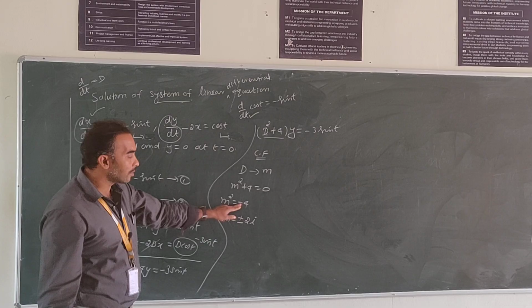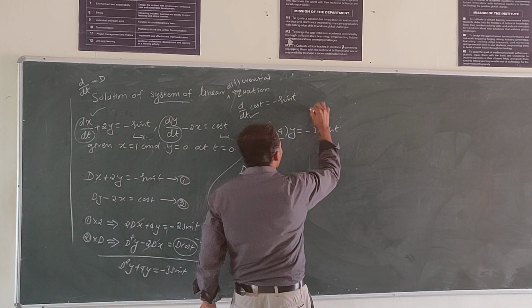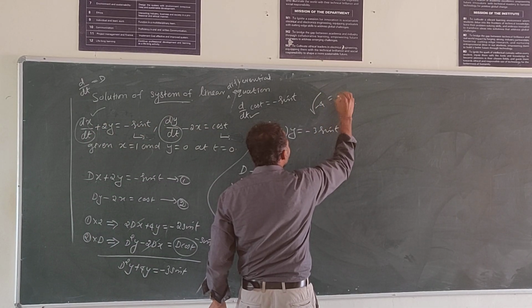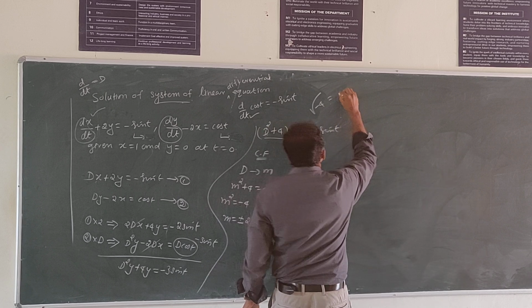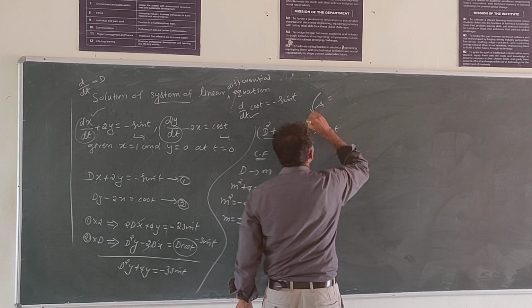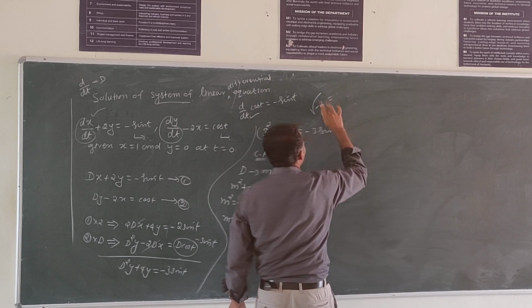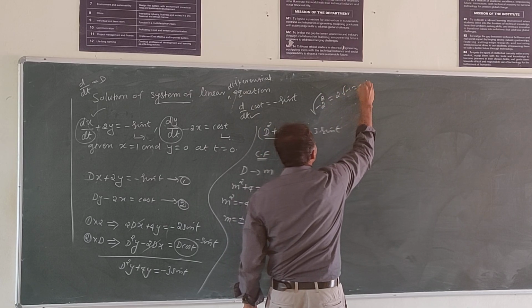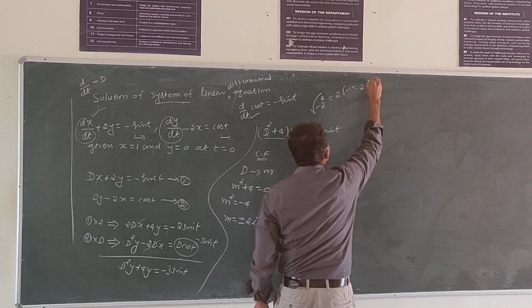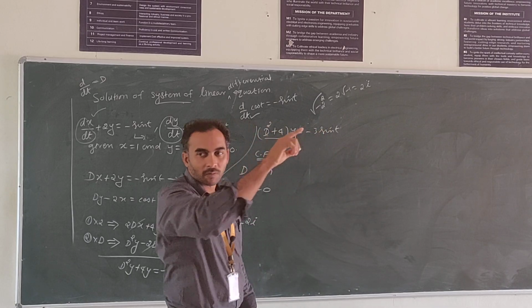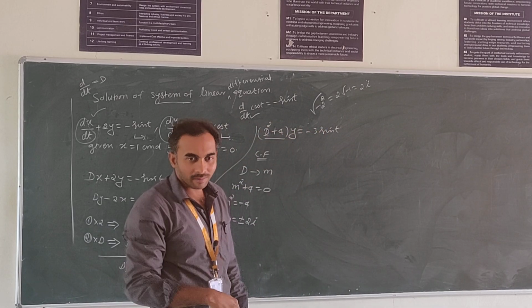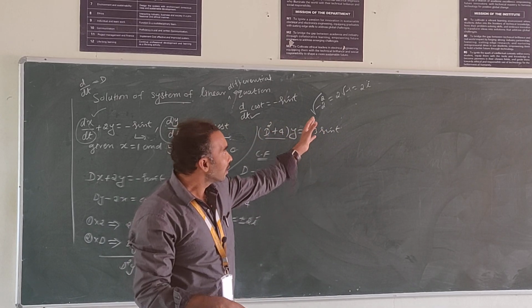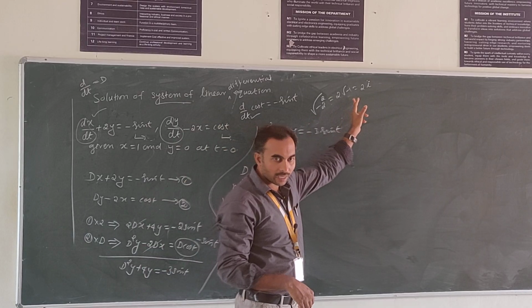Because minus is coming, root of minus 4 can be written as, 4 can be written as 2 square, so 2 times root of minus 1, this is called i. What is the value of root of minus 1? i.